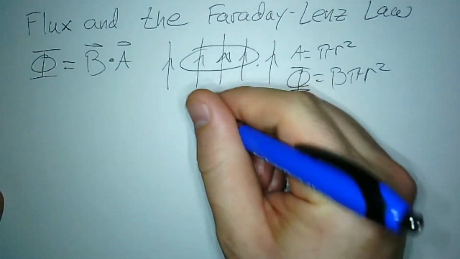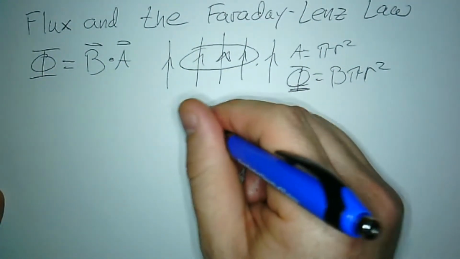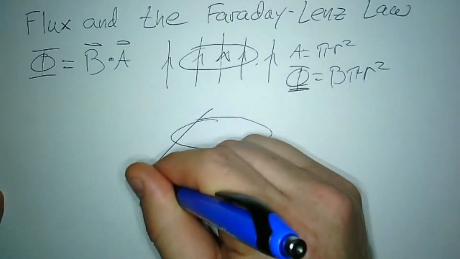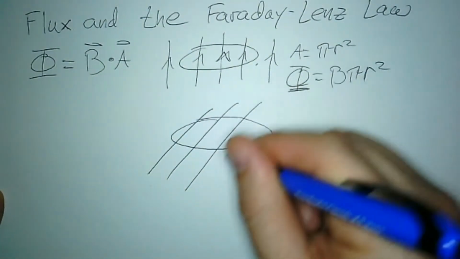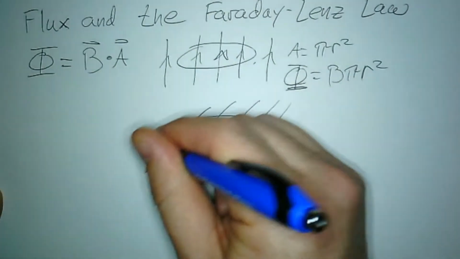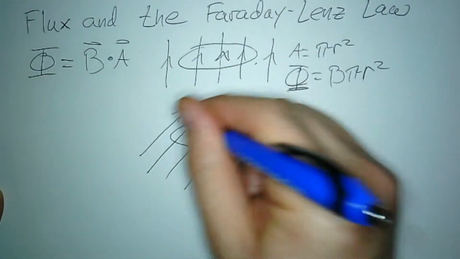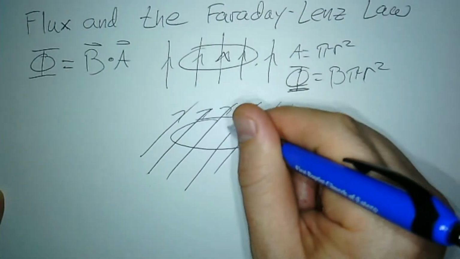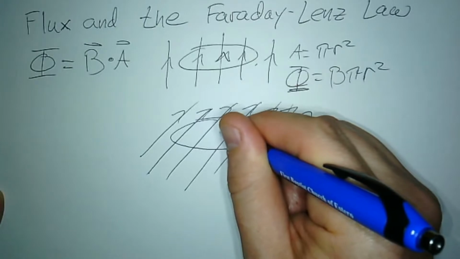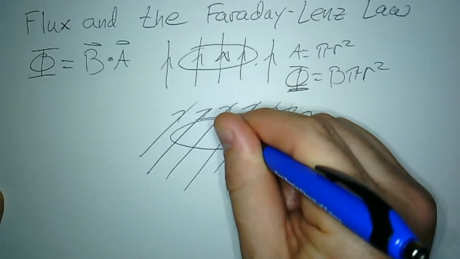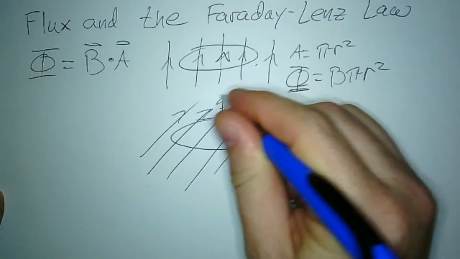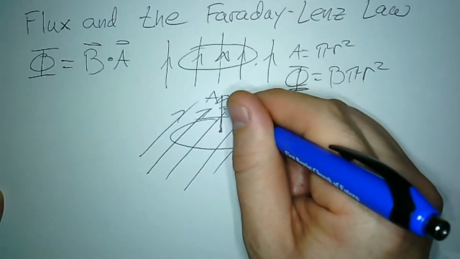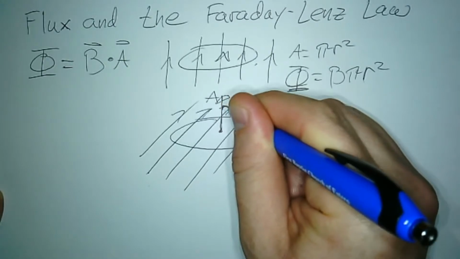So if I took the same loop, but my magnetic field went this way, all those arrows going that way, then my area vector for my loop is going to point up. That's going to be area, we'll put a B here. So the angle between those two will be here.